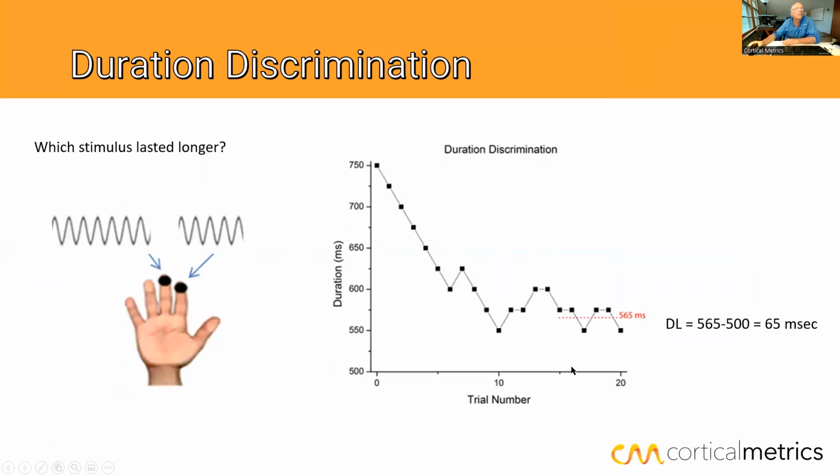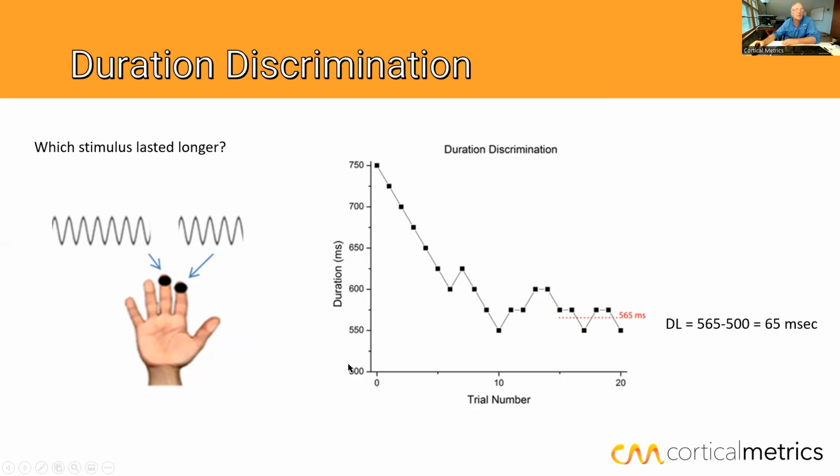Where does that number come from? Again, duration discrimination is just asking which stimulus lasted longer. On one finger, there's a vibration that lasts this long, and on the other finger, there's one that doesn't last nearly as long. The shorter stimulus never changes.